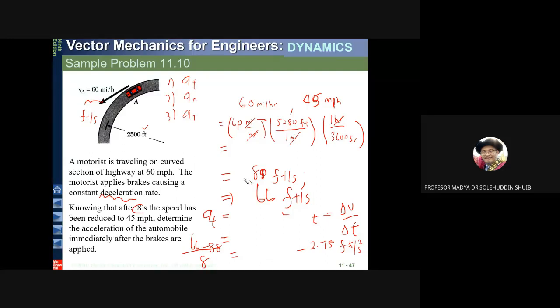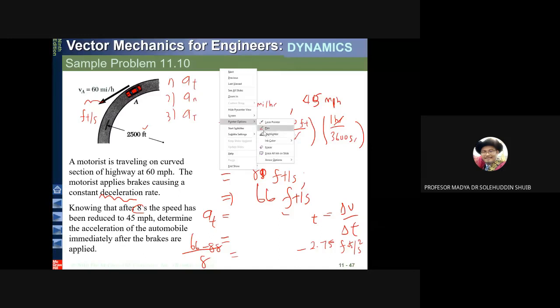So this is the value of average acceleration. We have done the first part, which is a_t, the average acceleration.